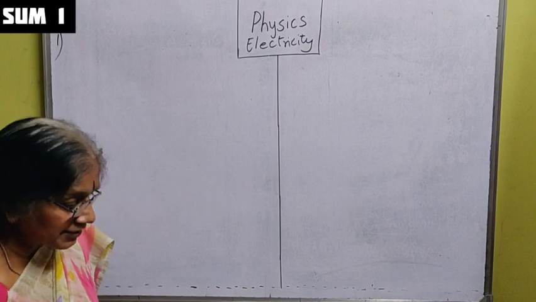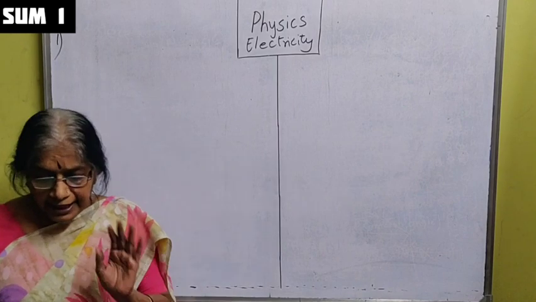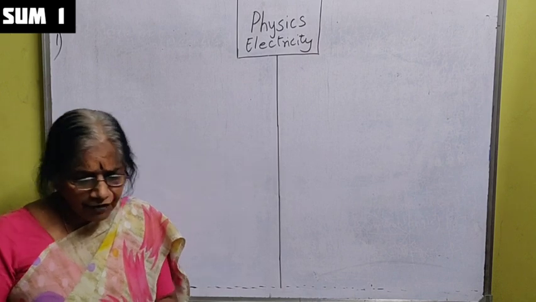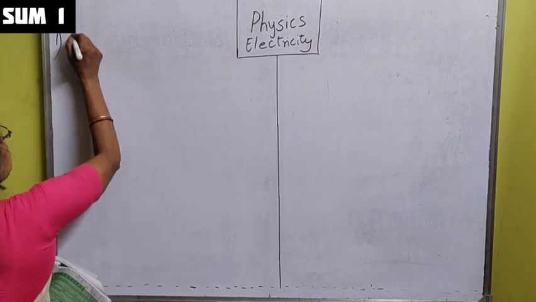What does the first sum say? First I will read the sum. A piece of wire of resistance R is cut into 5 equal parts. So what is given?